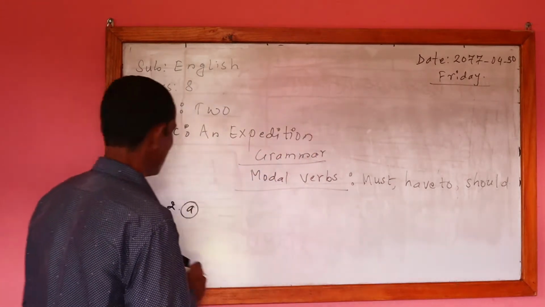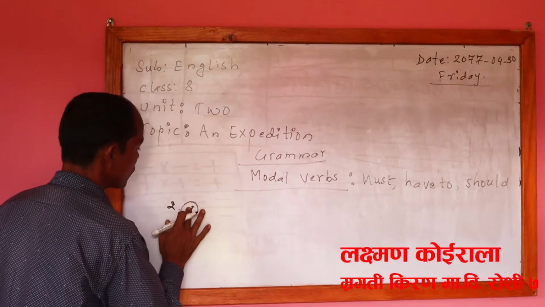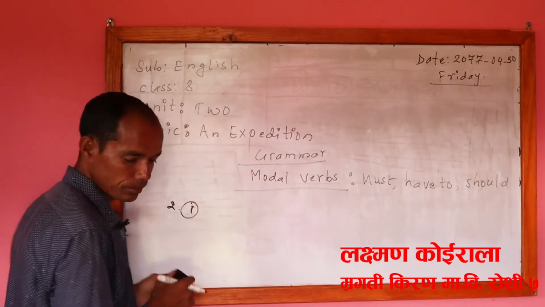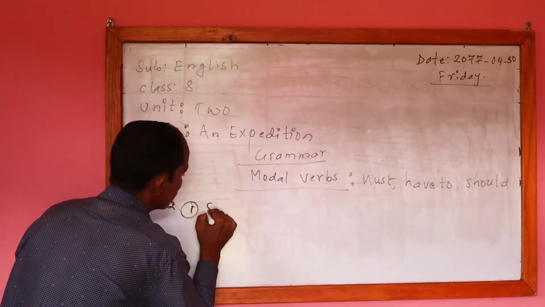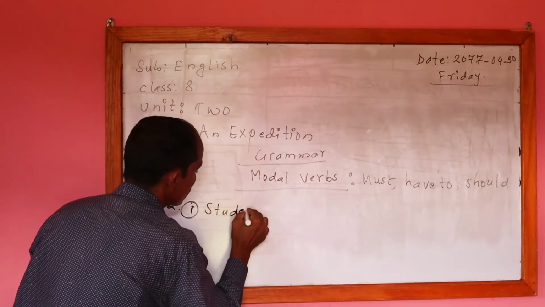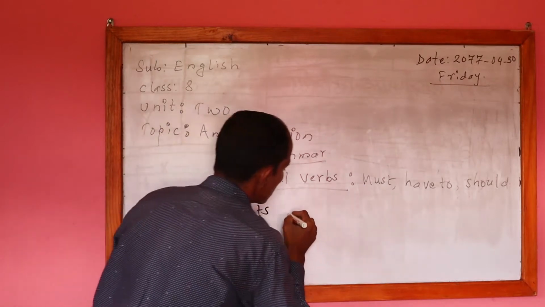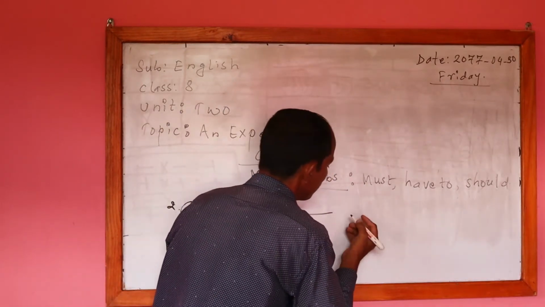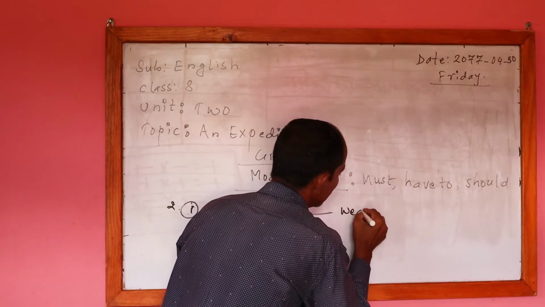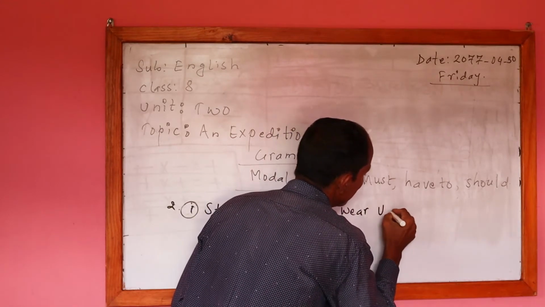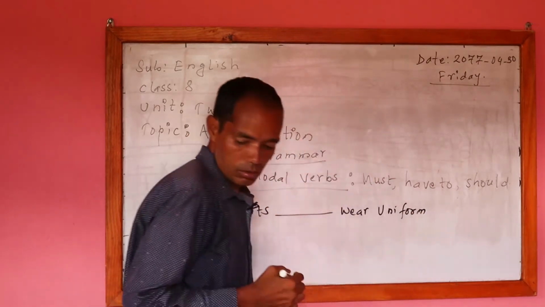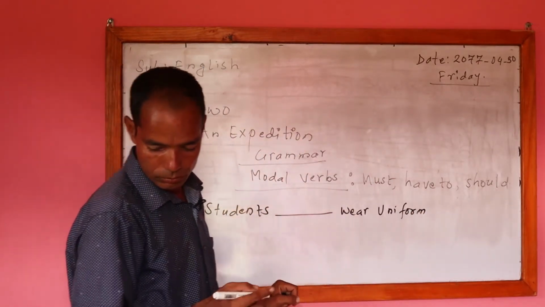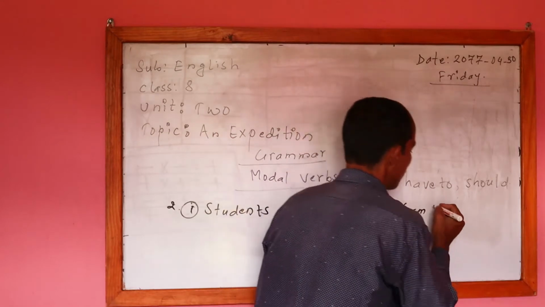Let's see here, in place of A is I number. Students wear uniform, and full stop.